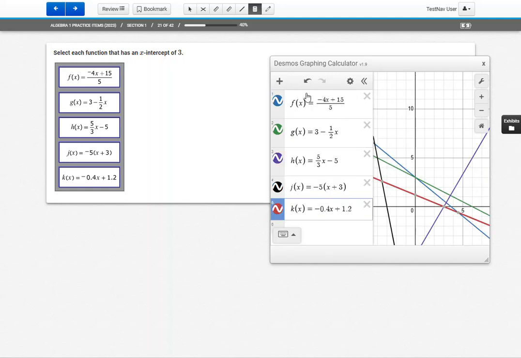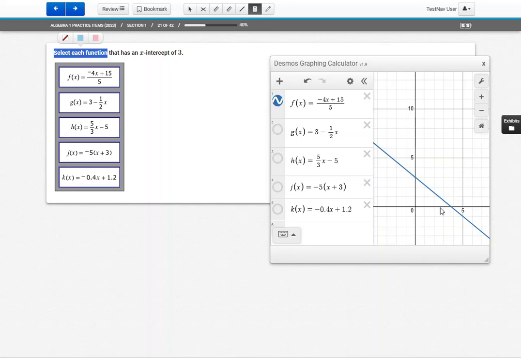All right, I graphed all of them, and I'm going to have to graph all of them because it says select each function, so it's a multiple select. So I'm just going to go through each one and check which one has x equals 3. So x equals, nope, that one's not it.